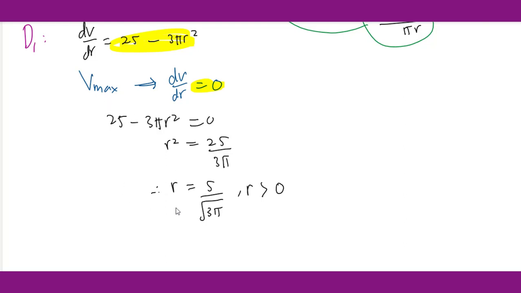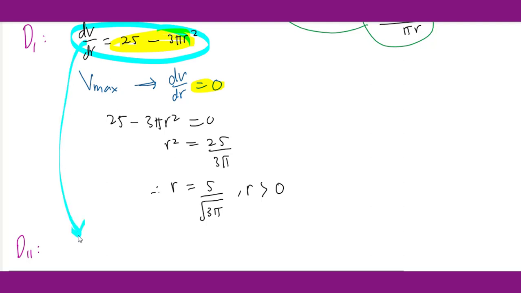Now we have to check whether it is confirmed that when r is equal to this value, V is maximum. The next step is to find the second derivative, E2. So differentiate again this part: d2V/dr squared is negative 6 pi r.